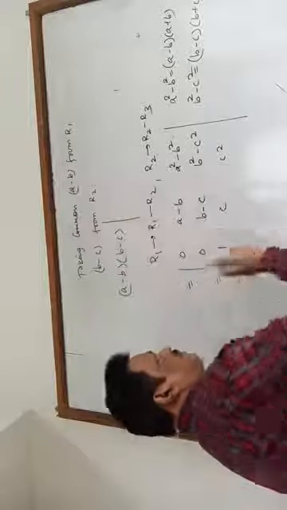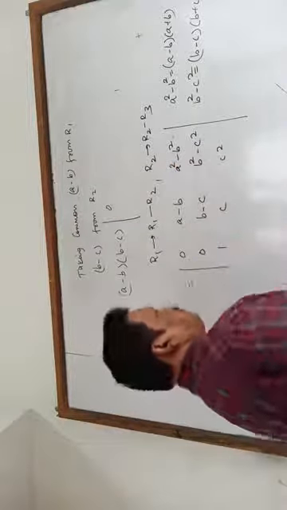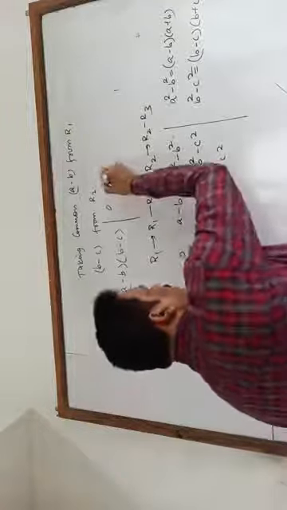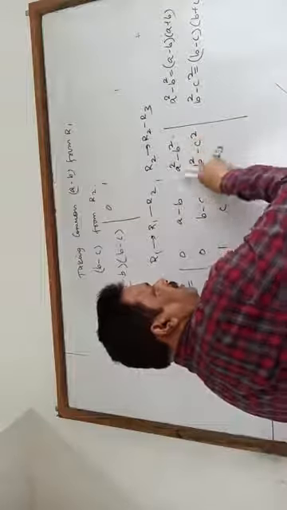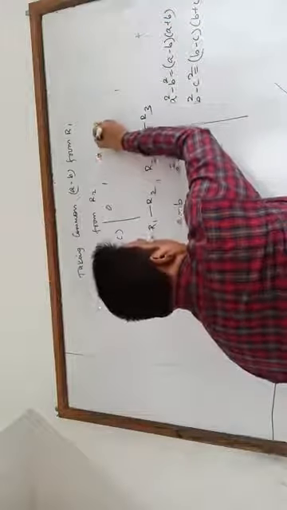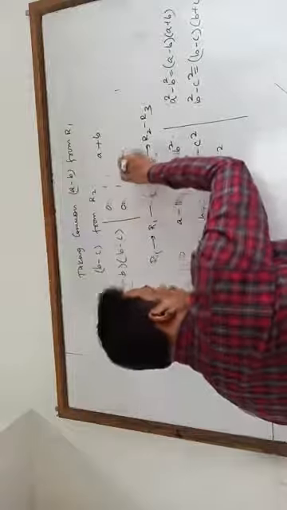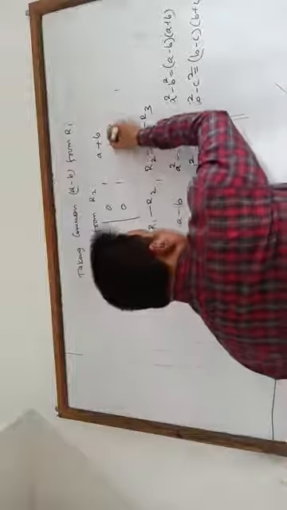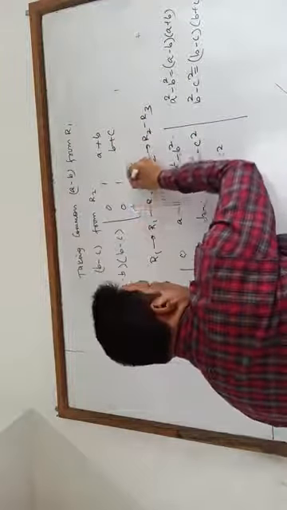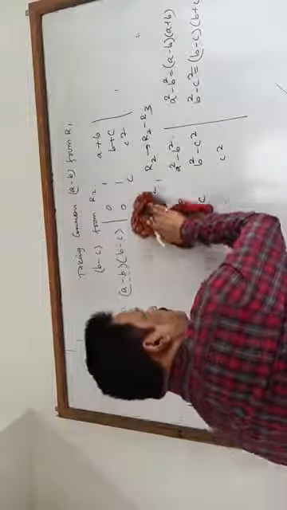What is left out? From this line you are getting 0, then 1, then a plus b. Similarly 0, 1, b plus c. Then 1, c, c square.